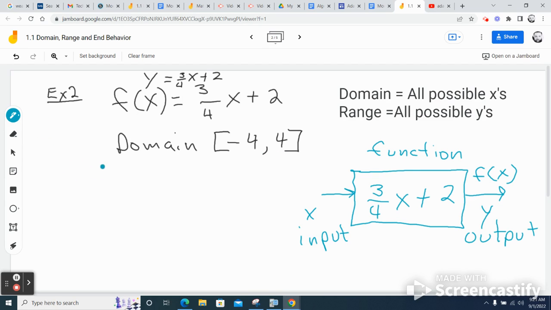In other words, they're saying let x be between -4 and positive 4. So what they're saying is we want you to plug in the values for negative 4 all the way up to positive 4.